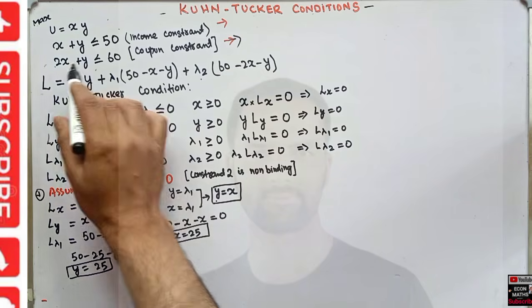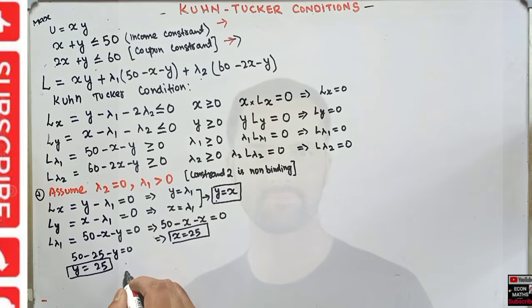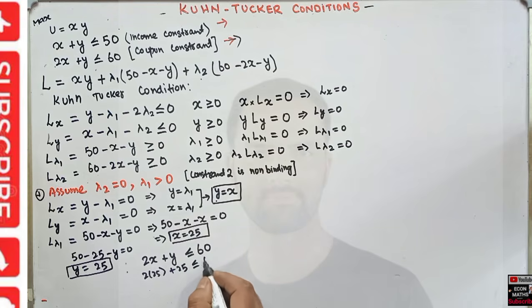If we take this coupon condition to test, we have 2x plus y should be less than or equal to 60. Now the value of x was 25, so 2 into 25 plus 25 should be less than or equal to 60. This is 50 plus 25, that is 75, which is not less than or equal to 60.